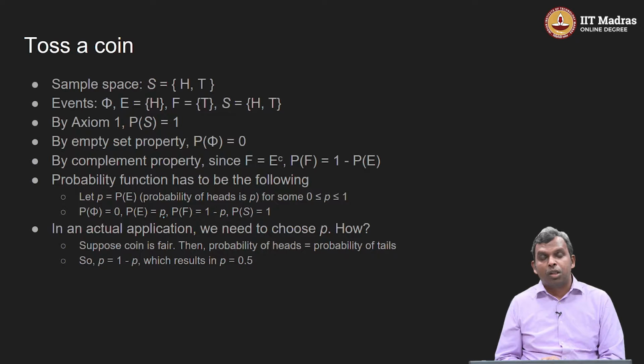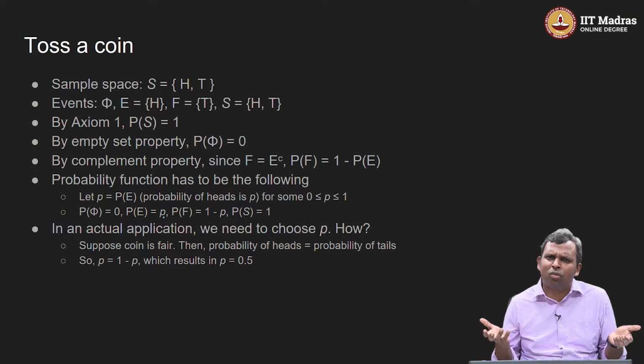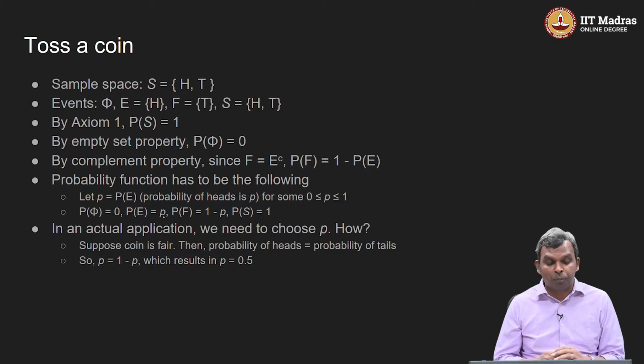Okay. So, the probability function, when you toss a coin, if you start thinking of 4 events, then you want to assign probabilities for these 4 events, the probability function has to look like the following. Okay. You can assign whatever number you want for the probability of heads. Maybe we call it small p. Right now, I do not know what value to put for it. So, let us say we keep it as some unknown p. It is between 0 and 1, I know for sure.